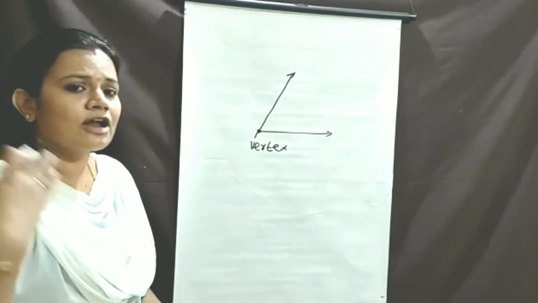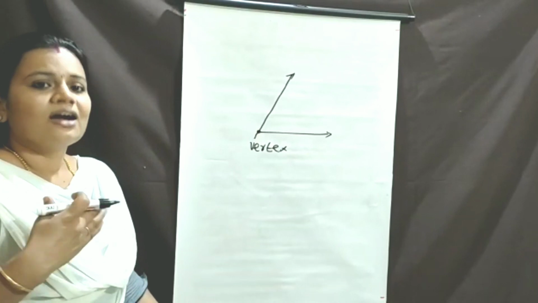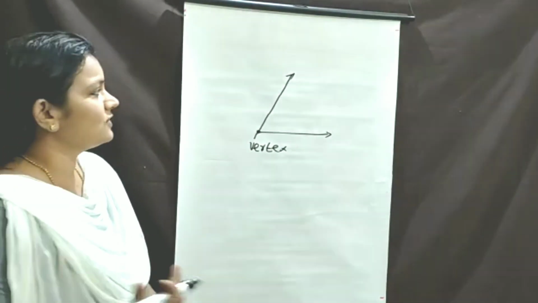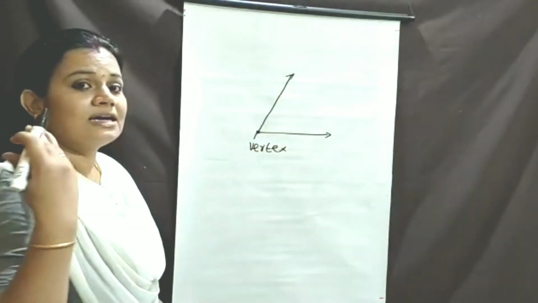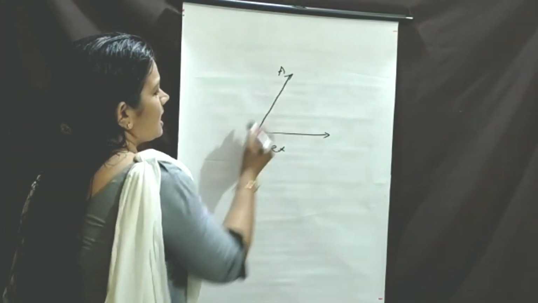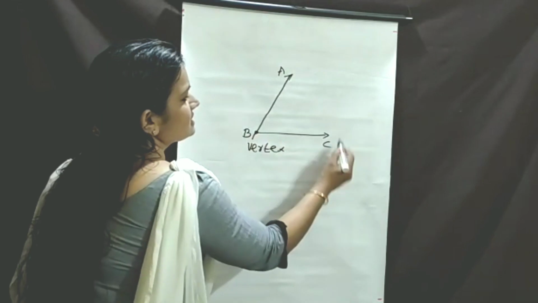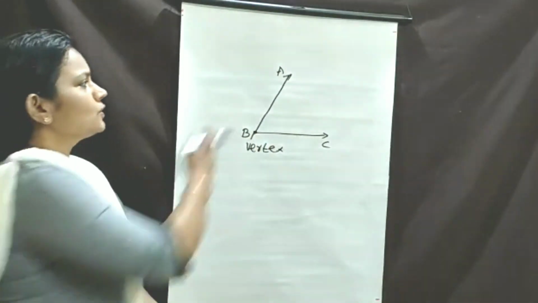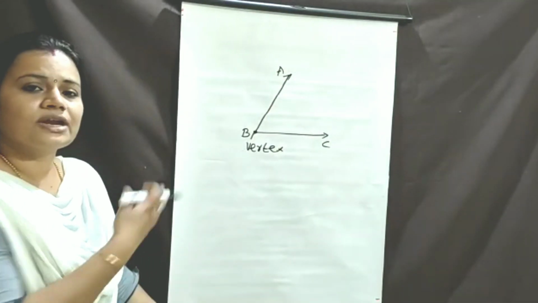Then how do we name an angle? First of all, we put letters: A, B, C. How to read this angle?